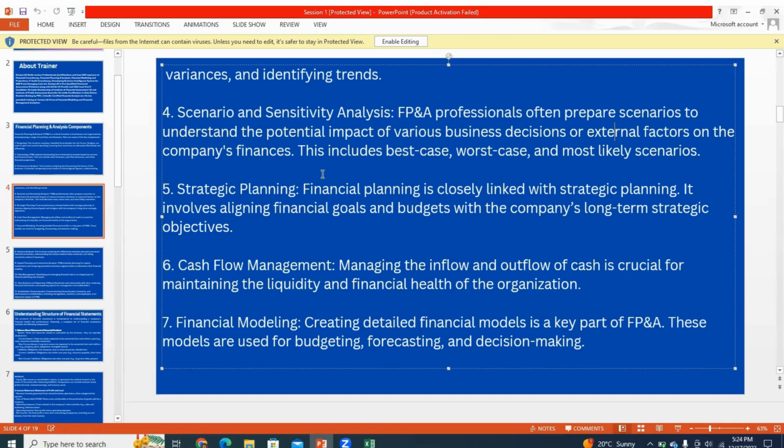So, what is strategic planning? It says financial planning is closely linked with strategic planning. It involves aligning financial goals and budgets with the company's long-term strategic objectives. So, just wait. All right. Strategic planning we use for long-term goals.